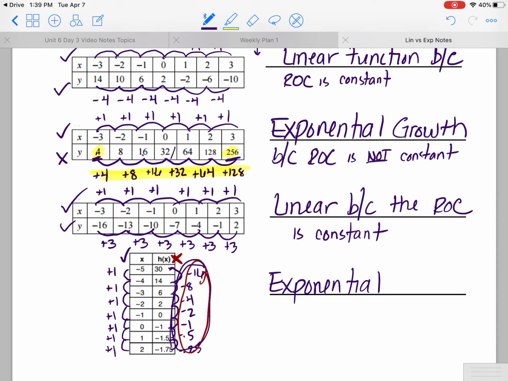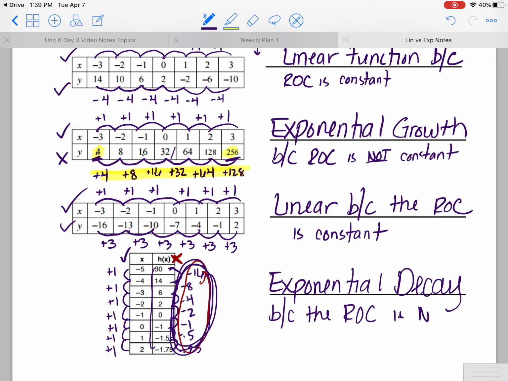More specifically, because my numbers are going down, this would be exponential decay, because the rate of change is not constant.